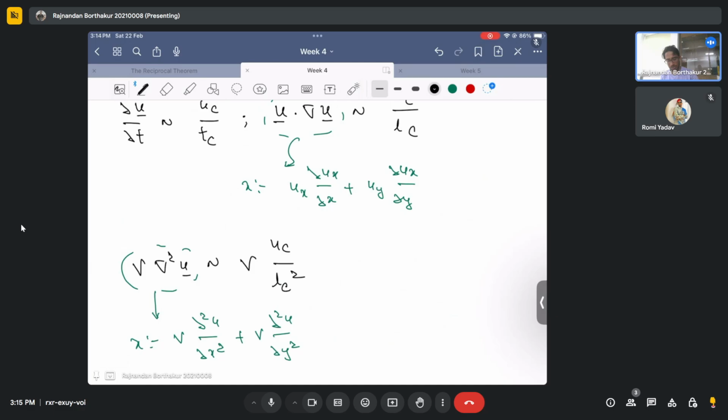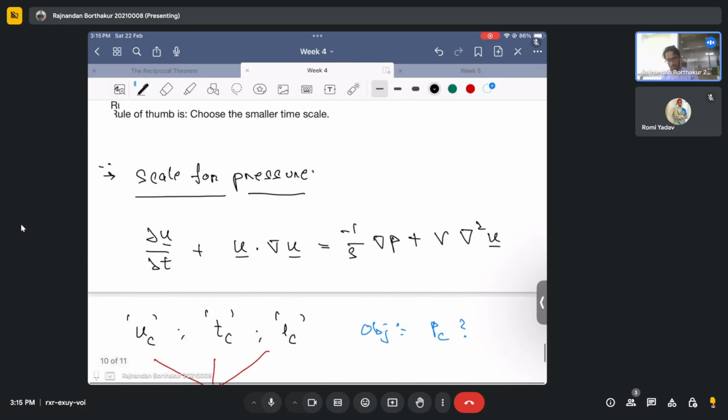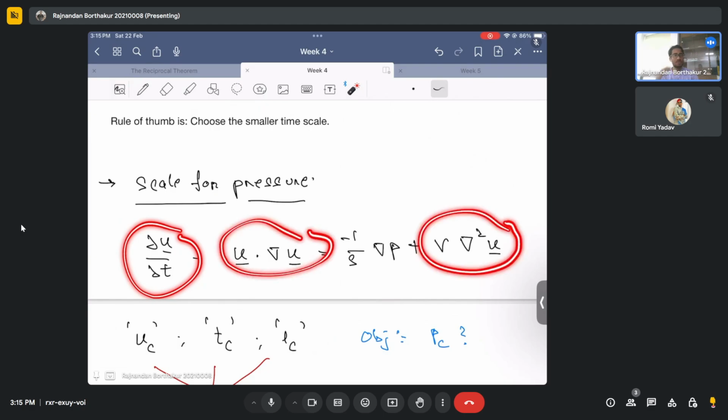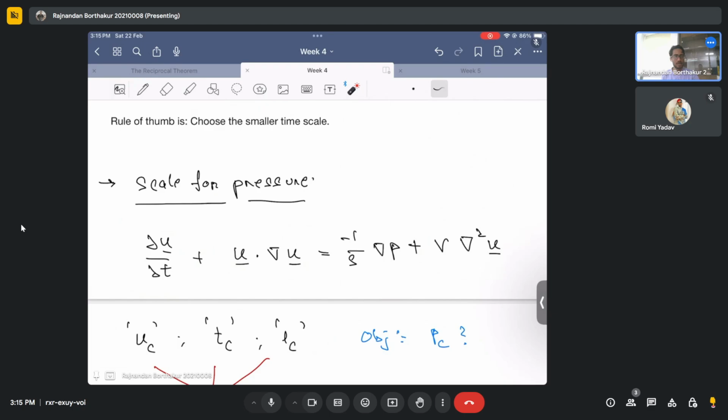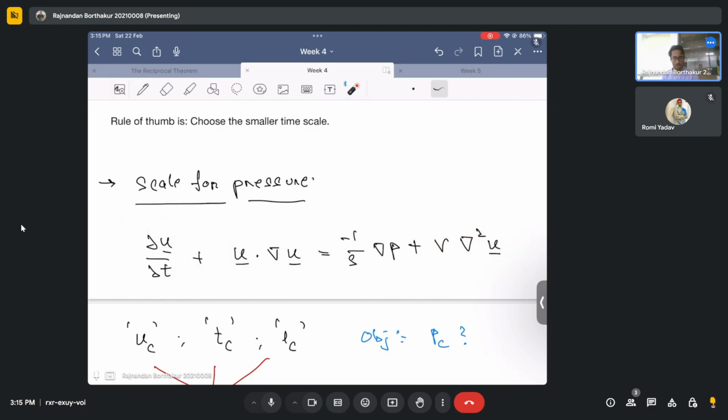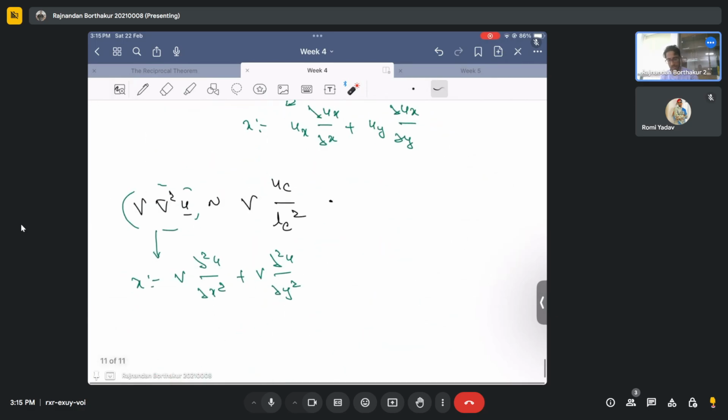All right. So we have looked into how the temporal term, the convective term, and the viscous term would roughly scale. Now given this, we need to figure out the scale for the term that we seek.